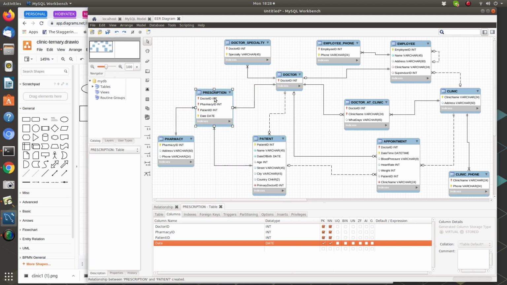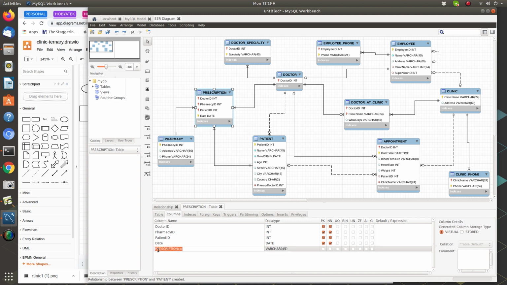So we have three parts of the key that are also foreign keys. So you see it's a red key, red key, red key. And then one part of the key is actually in the table itself, a golden key. And what were the other fields?